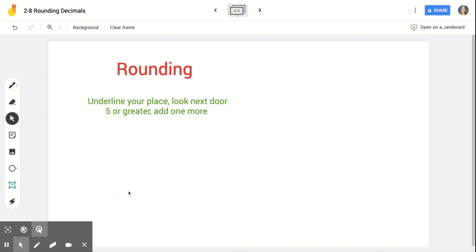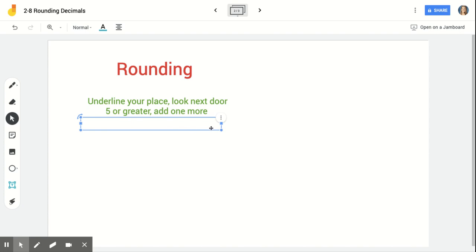Okay, so far we have: underline your place, look next door, 5 or greater, add 1 more. The next line is numbers in the front stay the same.